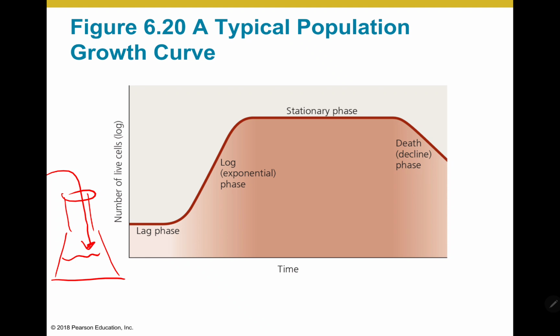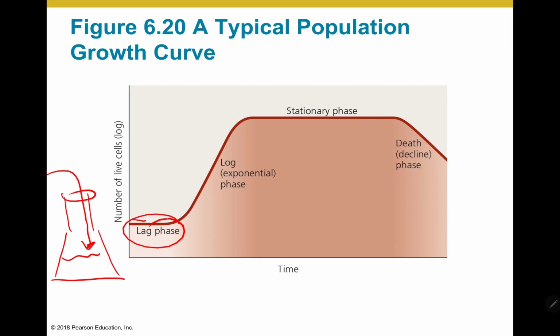During the lag phase you have slow growth, or almost no growth. The bacteria are just getting used to the nutrients and the environment, so they're growing a little bit slowly.